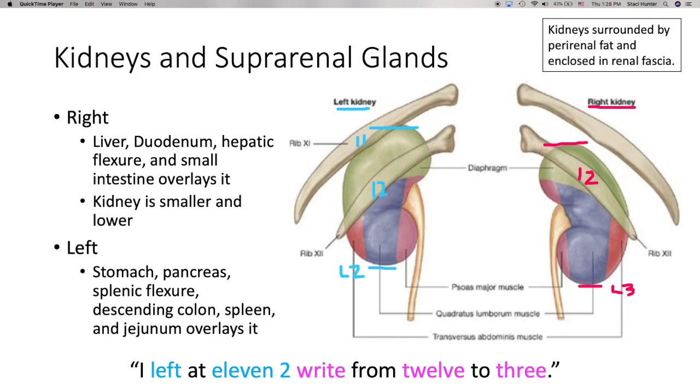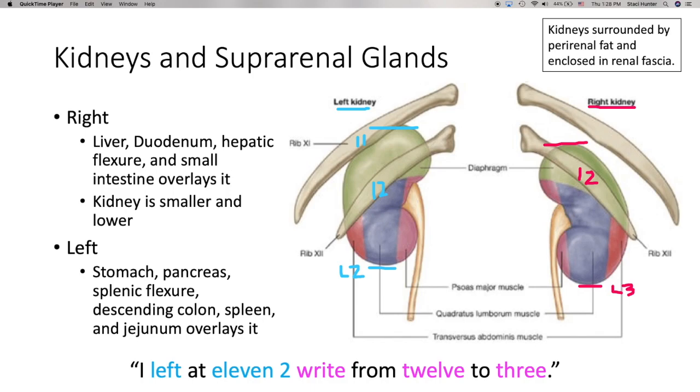So these kidneys actually don't sit exactly in the same plane from the left and the right. The right kidney is actually just a little bit lower than the left kidney, and it's also smaller. Now, why in the world would we think that it would be smaller and lower? Well, if we think about our anatomy, we've got that big organ that sits in the way.